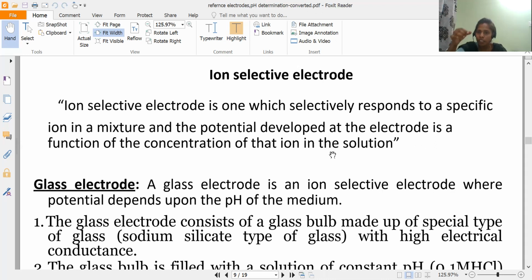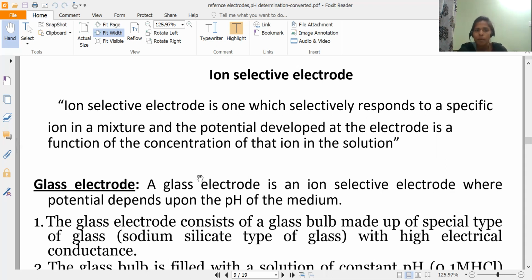That means when we dip the electrode, the specific ions will be transferred through the electrode, because the electrode is made in such a way that the ions can be transferred through it. When ions are transferred through it, a potential difference develops. That potential difference is a function of the concentration of that particular ion in that solution. That is meant by the ion selective electrode.